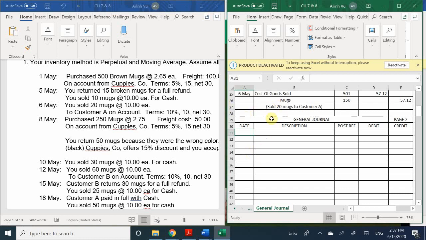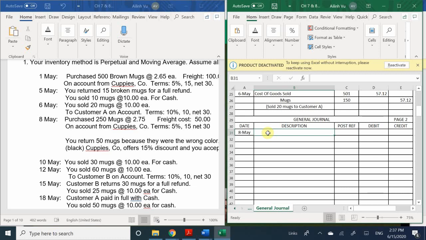Now that I'm on the second page of my journal, make sure you have that too. What happened on the 8th of May? Purchased 250 mugs at $275. And freight costs $50. Good.